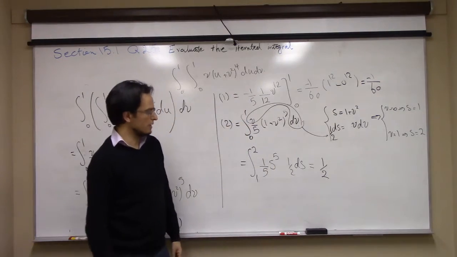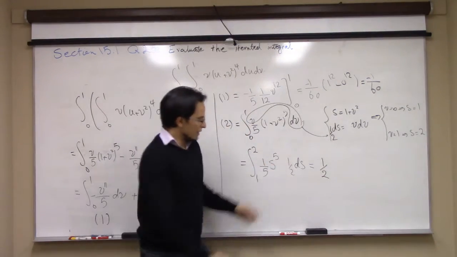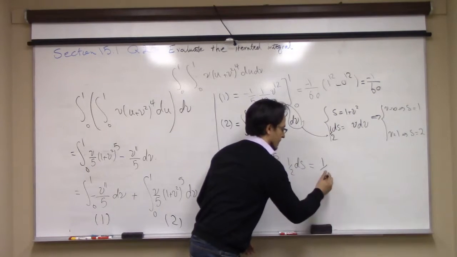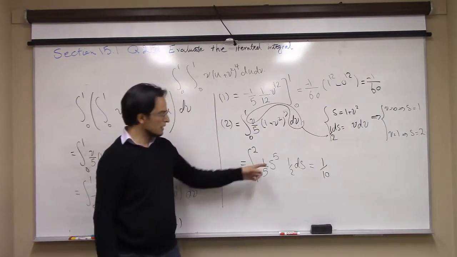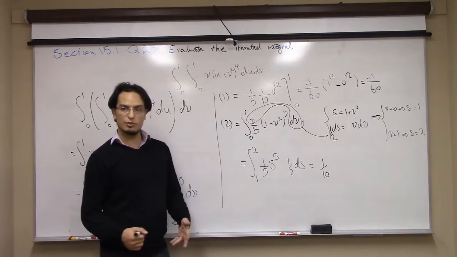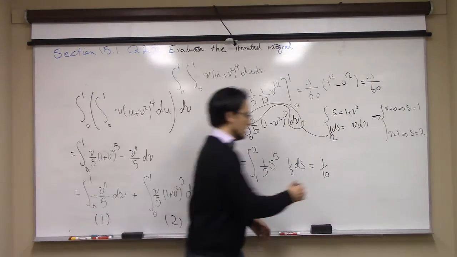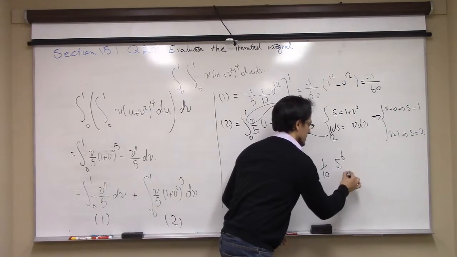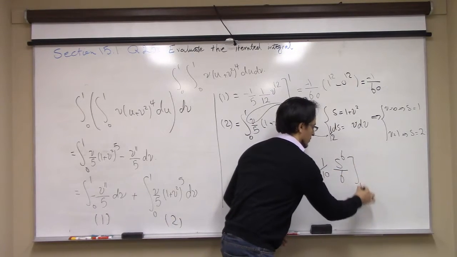So now I have 1 over 10 times the integral of s to the power 5. That's the power rule, which gives me s to the power 6 over 6 going from 1 to 2.